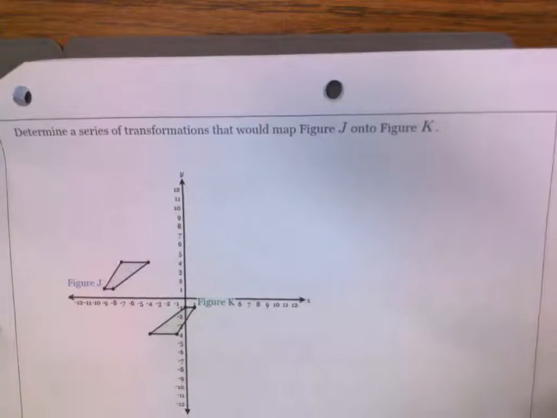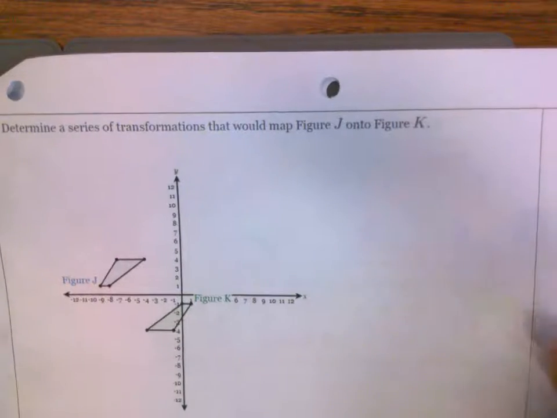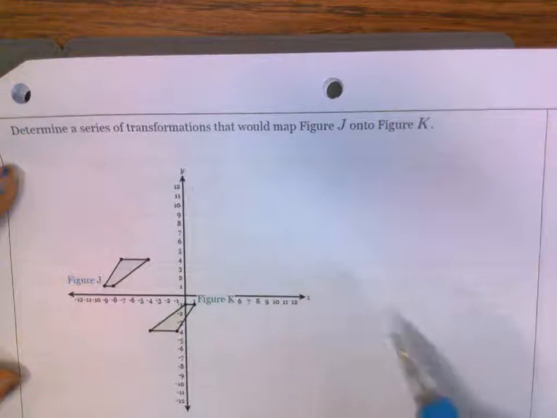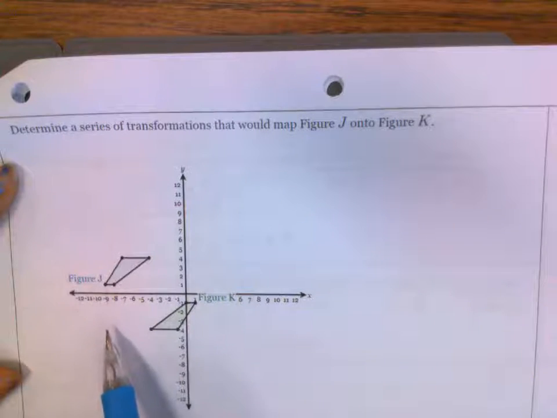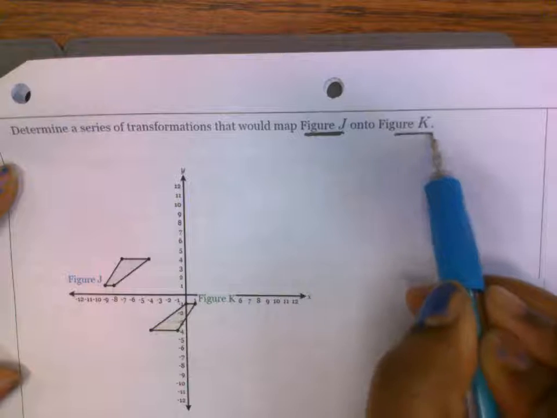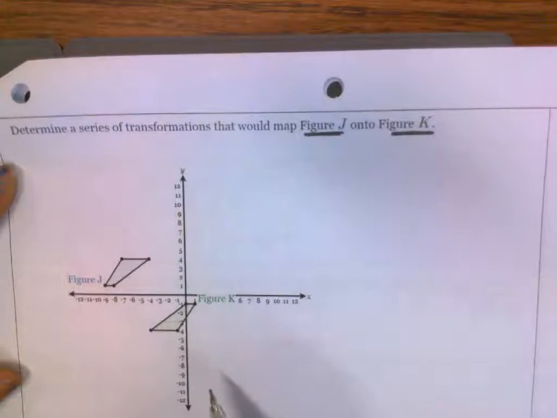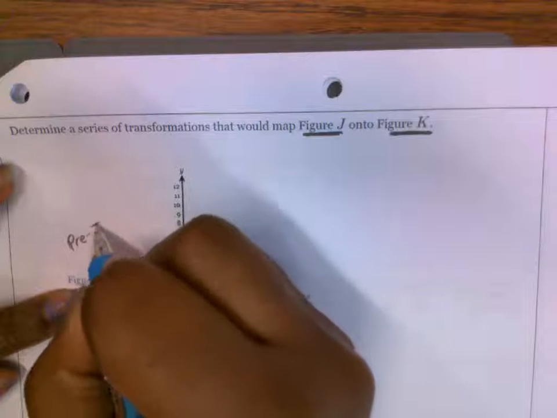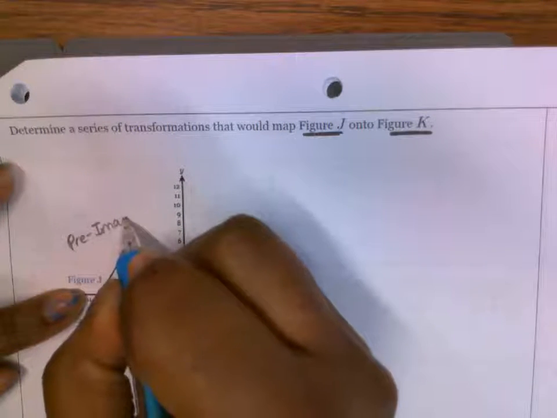The last section looks like this. This is where you determine, again, like the previous one, what 2 transformations were used to get from figure J to K. So J is going to be the pre-image before the move.